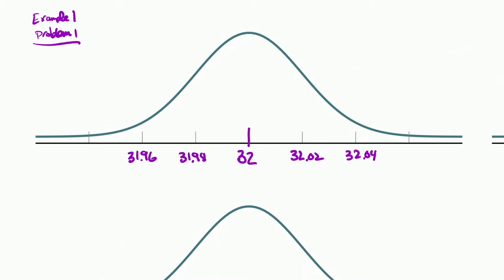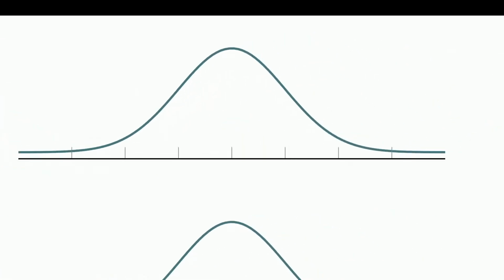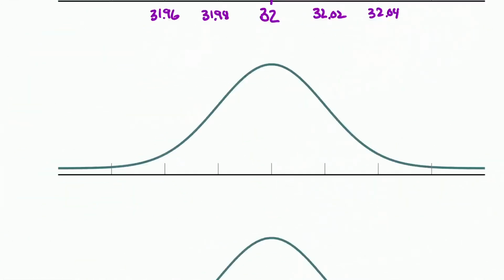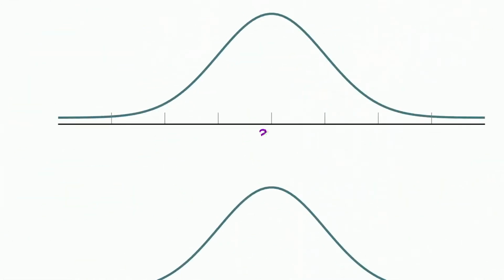But when you see something like this, don't leave it blank. At the bare minimum, put the mean at the middle, and then mark any other number that is important for the problem. When you see a normal curve like this, don't leave it blank, do something with it.